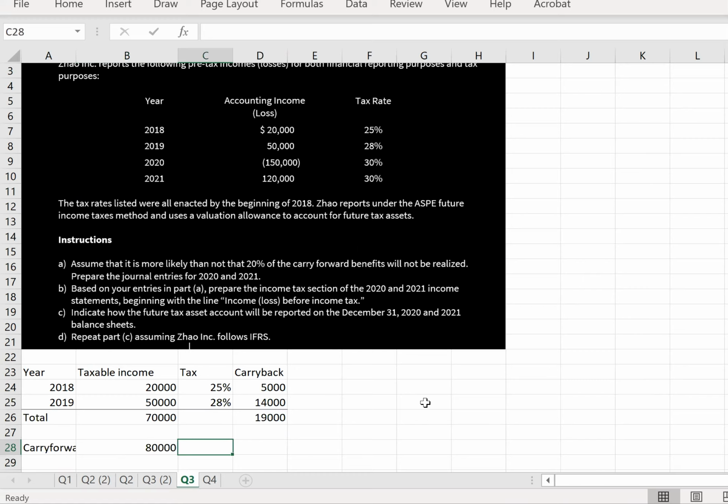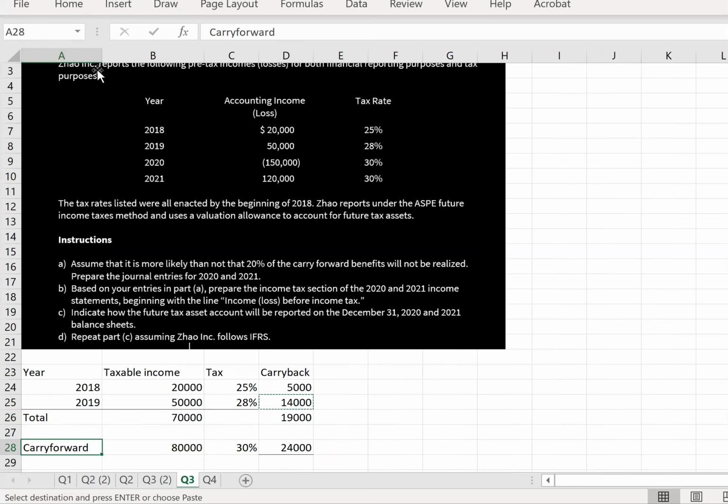And it says that there's no change expected to the tax rates, I believe. So I guess we'll use 30%, which is our future tax rate here. So then what's our actual carry forward? It's going to be 24,000. So that's our carry forward. So we're carrying back the maximum amount of the loss, and then we're also carrying forward the remainder.